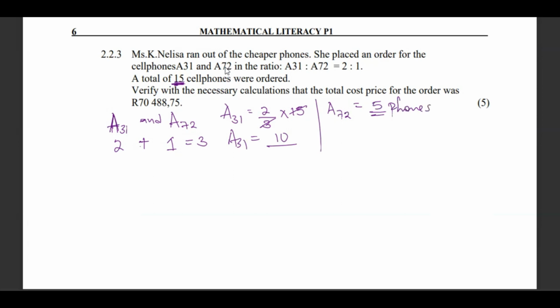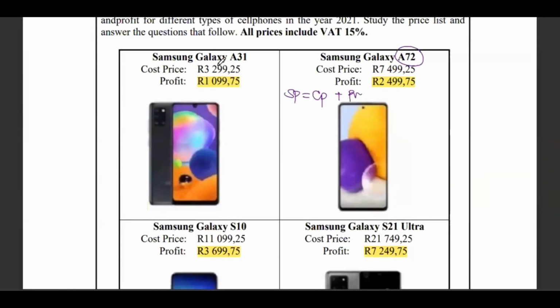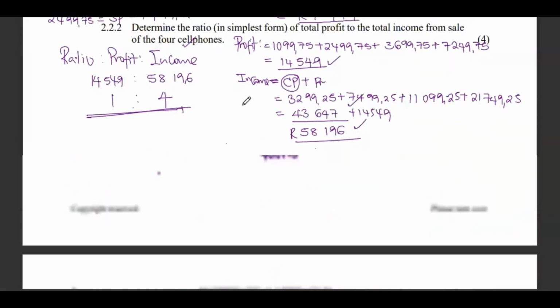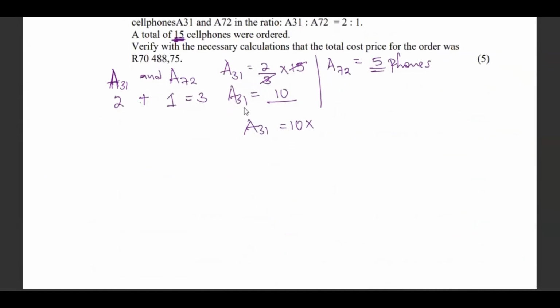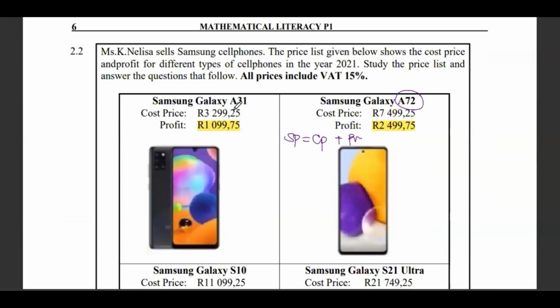So we need to find out how much was spent. On A31 is spent 10 times. What's the price of A31? Come up here. A31s, the cost price is 30,299 rands 25 cents.